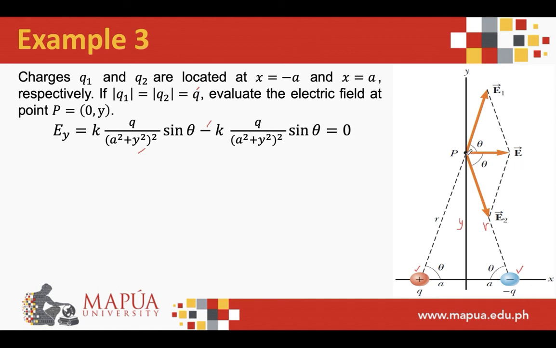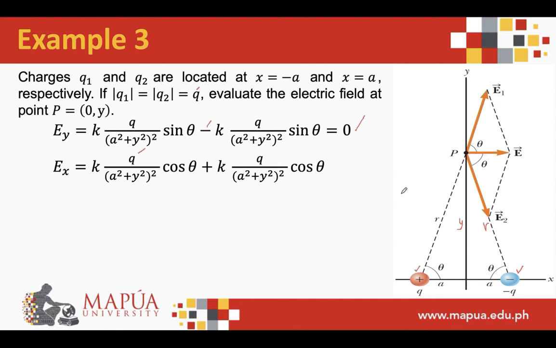Based on the diagram, your E is directed to the right, so E has no y component. For the x component, obviously this is positive, so that will come from the x component of E1 and E2.